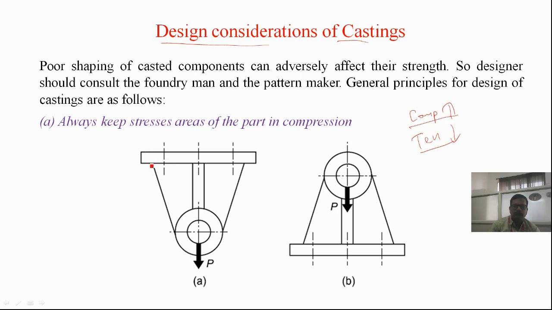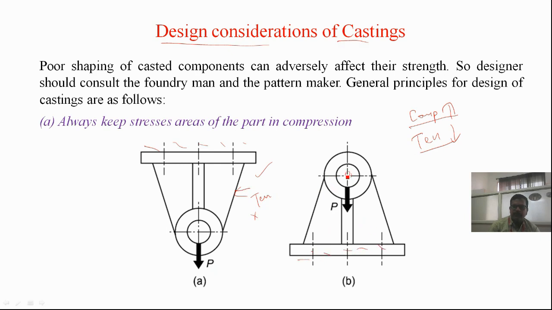If you take a product made by casting, fixed with the help of 3 bolts, and here we apply a load, then this is subjected to tensile load. This is not good. Instead, it is placed here and the load is applied here.